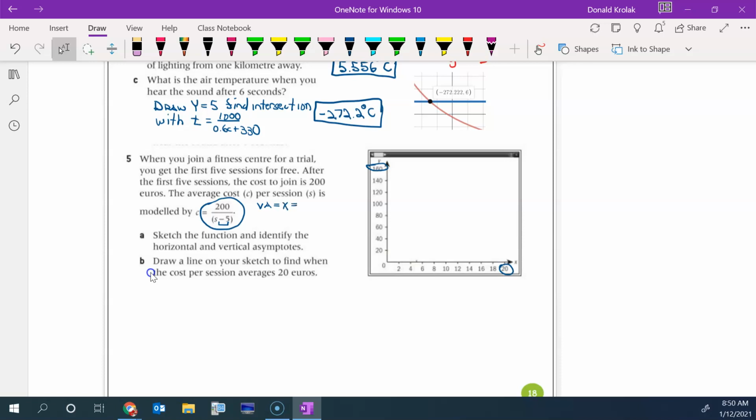So that's x equals 5. All right, so that's our vertical. And the horizontal asymptote, there's nothing being added out here, so our horizontal asymptote is going to be 0.